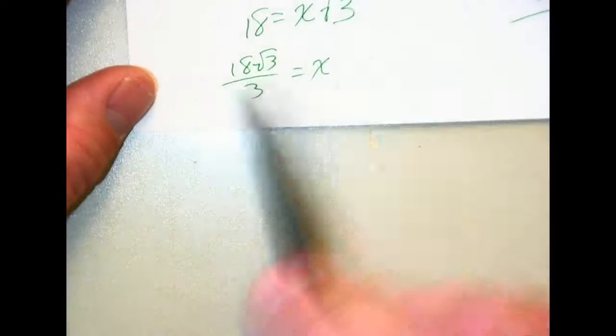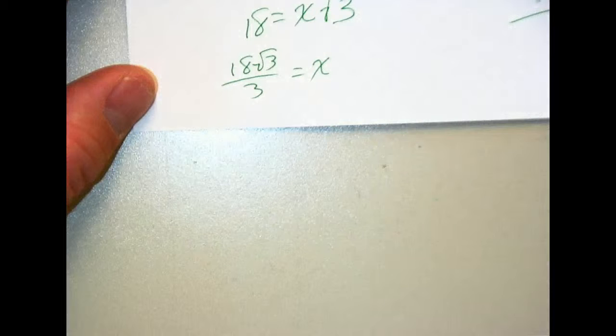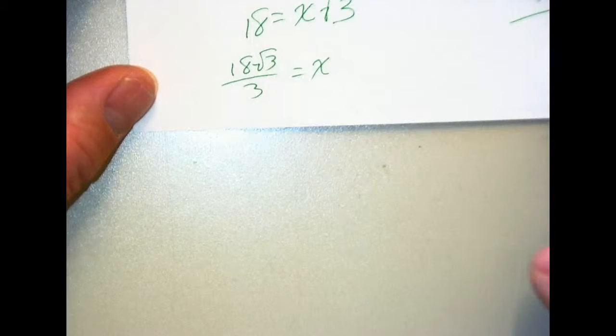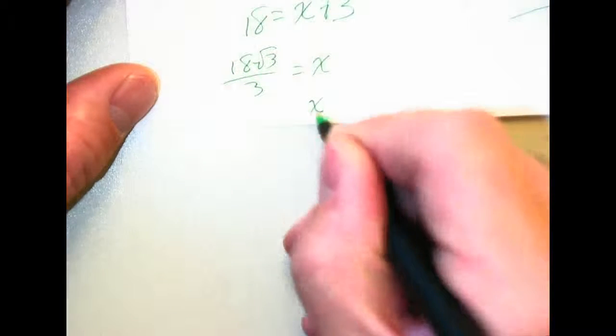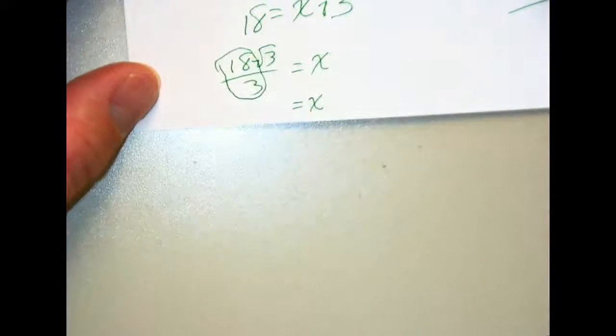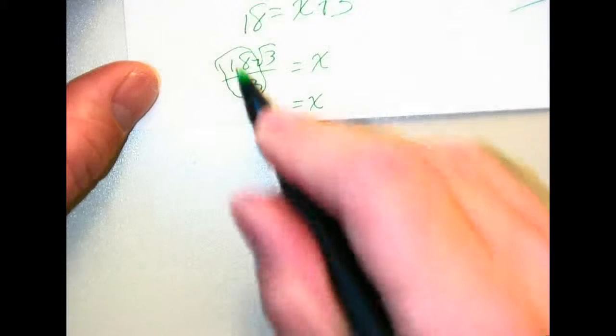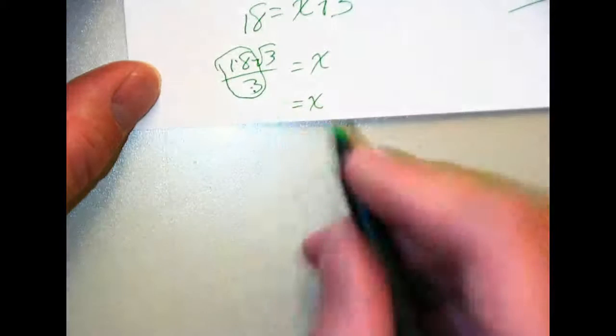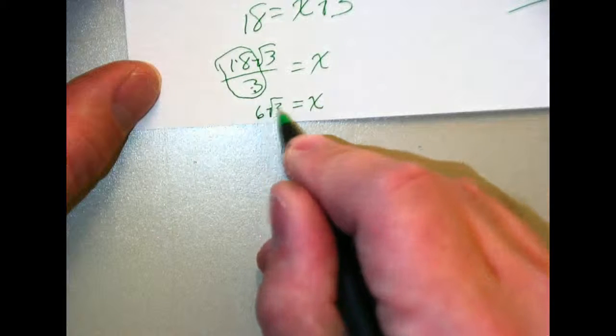What can I do here? You have to divide the 18 by 3 because it cancels out. You have to reduce there. If this whole number goes into that whole number, you have to reduce. This becomes 6 root 3.